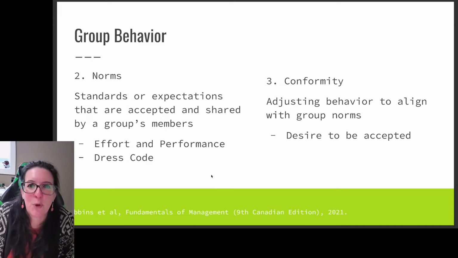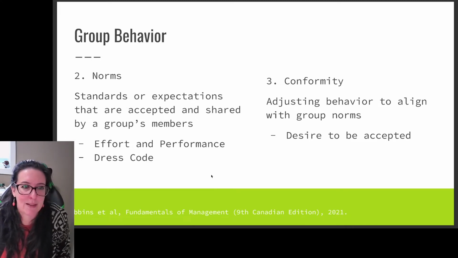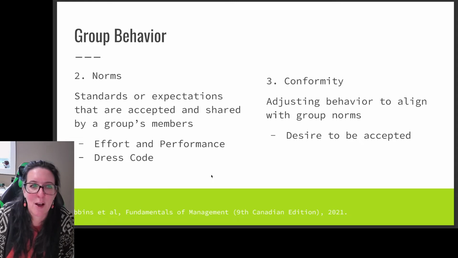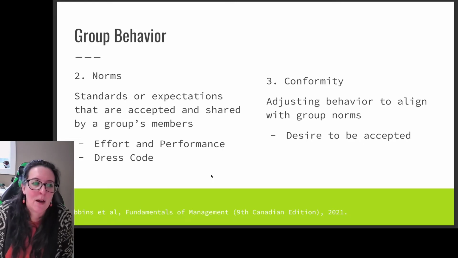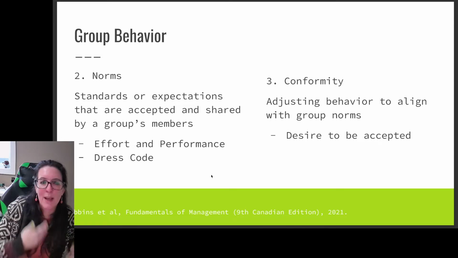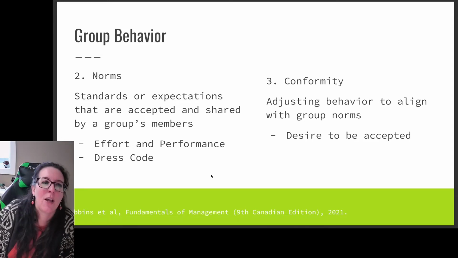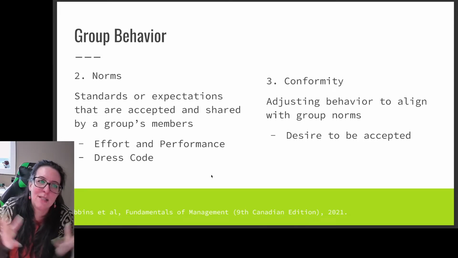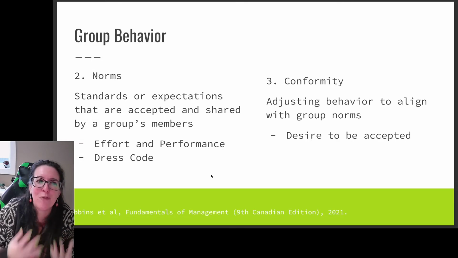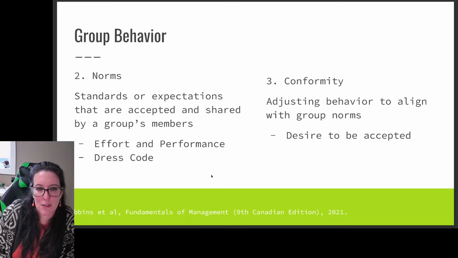How much input, how much involvement is expected? It can also set norms for things like dress code, how we present ourselves when we meet as a team, what is accepted in terms of how we interact, how we look. Those are the norms that are set by the group being together, and it's informally setting those expectations.